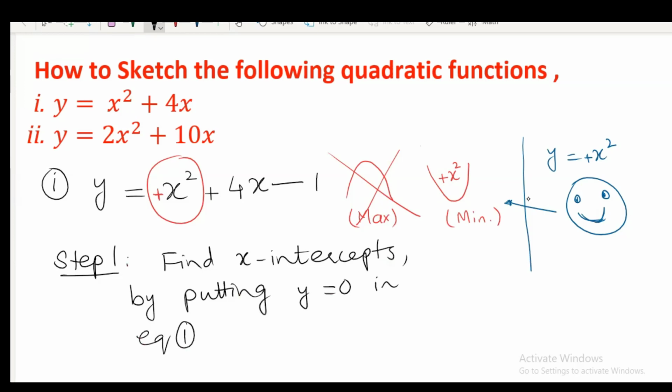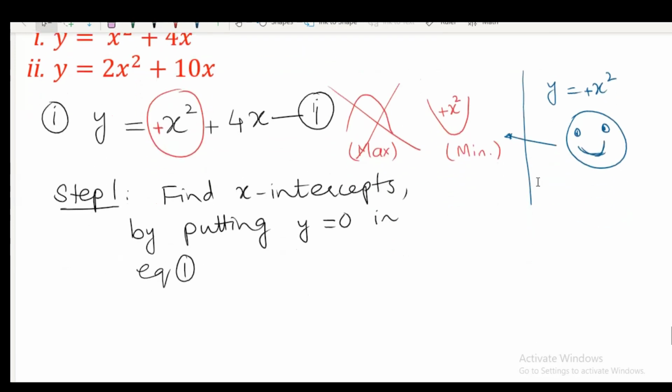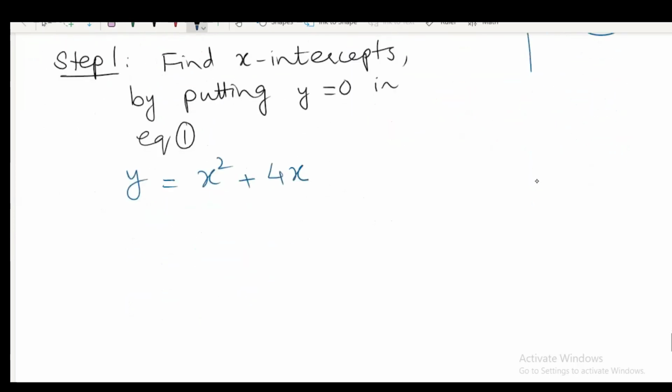Let's assume this is our equation number 1. We have to replace y with 0 to get the x-intercepts.